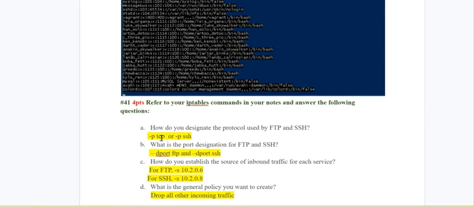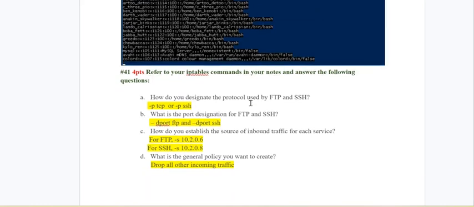So the iptables command is in your notes, from our previous lab. To designate the protocol used by FTP and SSH, you're going to use -p tcp or -p ssh. To designate the port, you need to use the double dash.